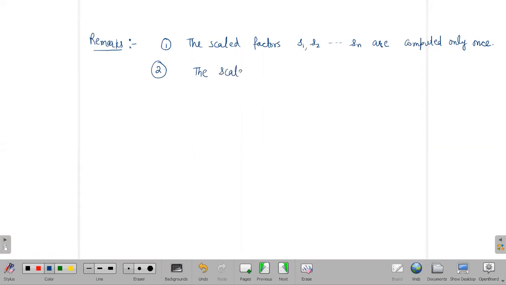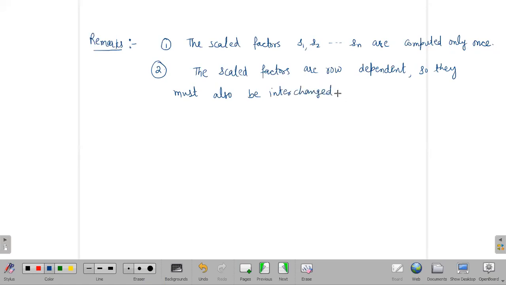The scale factors that you have chosen are row dependent, so they must also be interchanged.